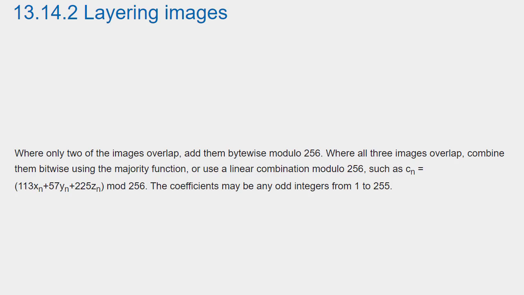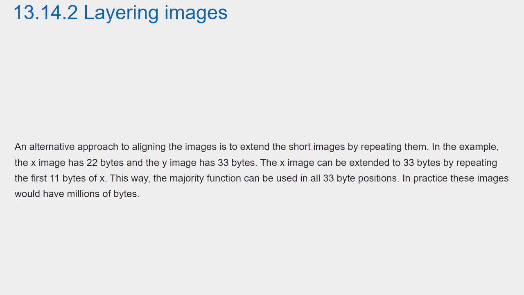Where all three images overlap, combine them bitwise using the majority function, or use a linear combination modulo 256, such as c_n equals (113x_n plus 57y_n plus 225z_n) mod 256. The coefficients may be any odd integers from 1 to 255.